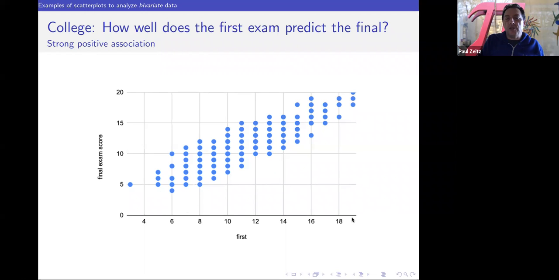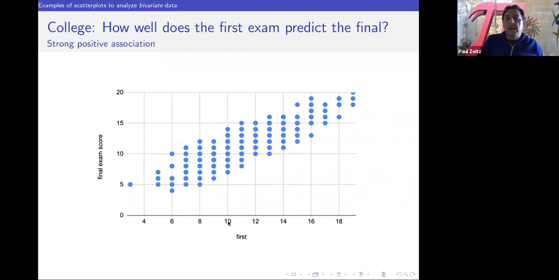This is the score on the first exam between 0 and 20, and here's the score on the final, and it's not perfect. Like a student who got a score of 50%, some of them got below 50 on the final, and some of them did rather well.